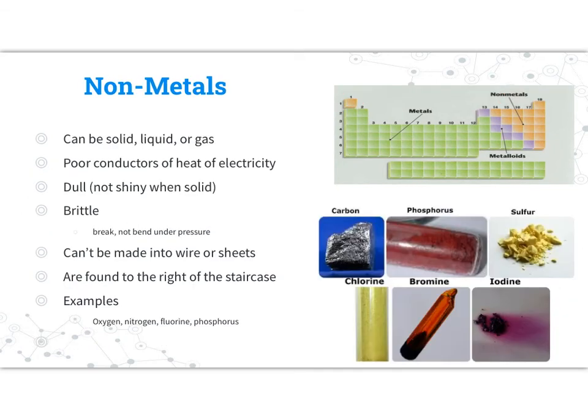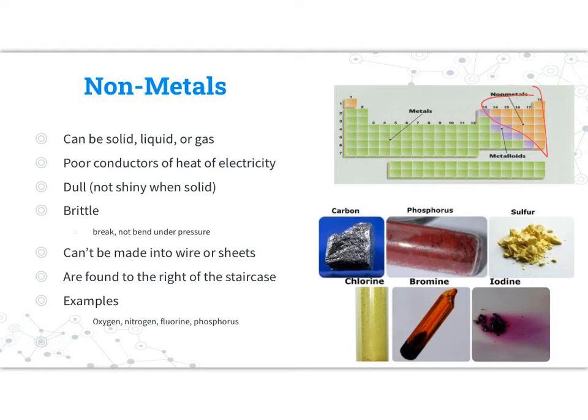Nonmetals can be a solid, a liquid, or a gas. If you look at all of their states, all of the colors of their elemental symbols, they have all three within that side of the periodic table. All nonmetals are poor conductors of heat and electricity. They are dull, not shiny, when they are solid. They are brittle, which means they break.